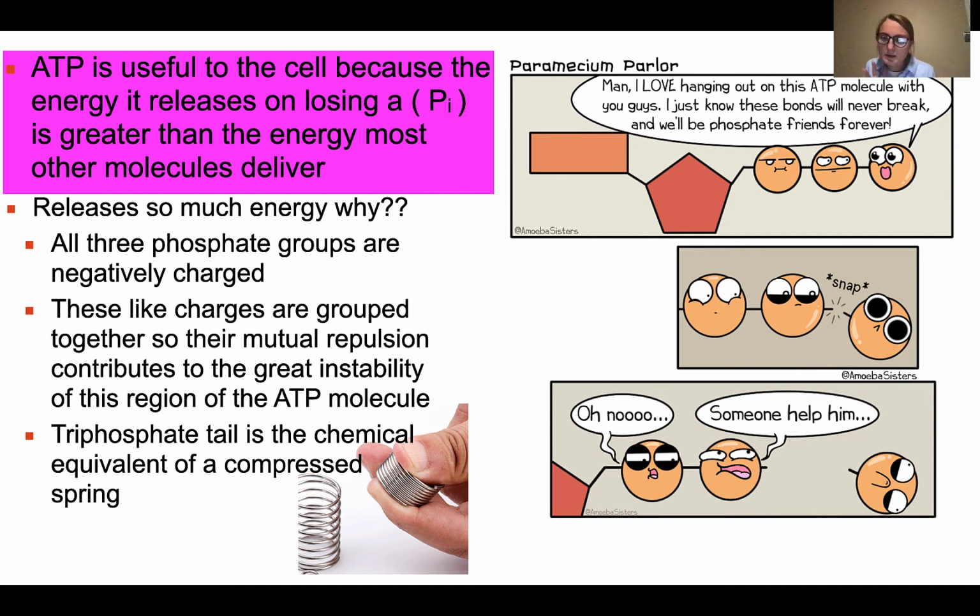You can maybe read into our little phosphate groups' faces in the first part of the comic, saying maybe they are repulsed by that last one, and they're not that distraught whenever he is lost and snapped away by hydrolysis. So yeah, cute comic, but you have to remember that all 3 of these phosphate groups are repulsed by each other.